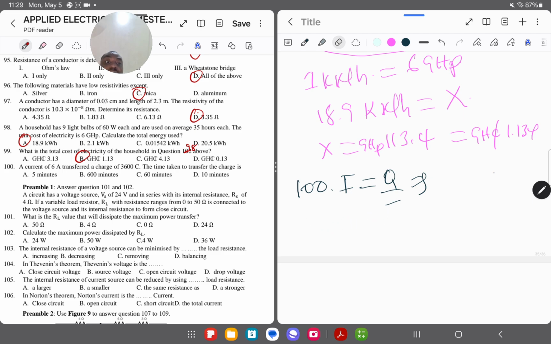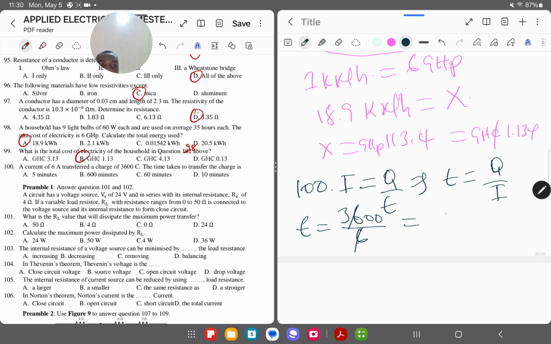So time is going to be charge over what? Current. So time is going to be the charge, which is given, 3,600 over the current, which is 6.